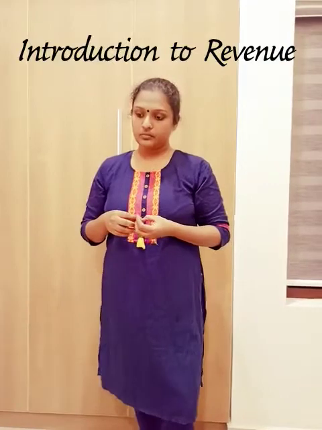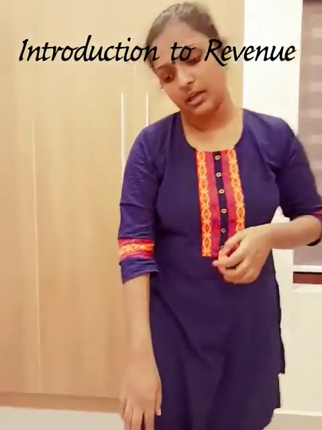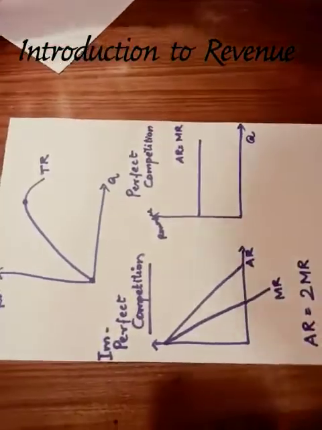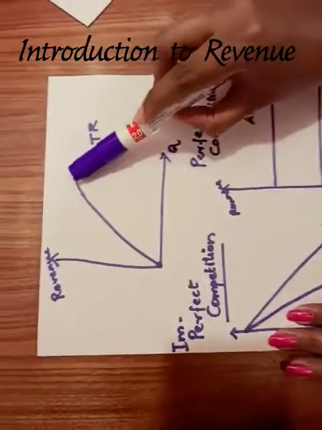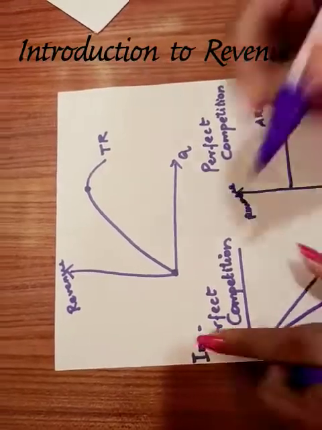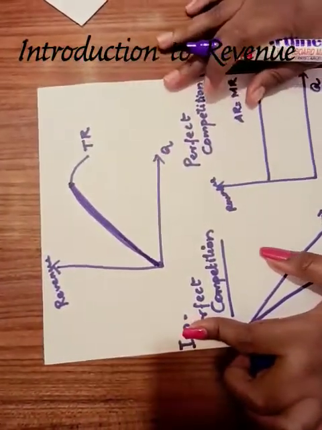Then comes the TR curve. This is actually the TR curve, that is, total revenue. Total revenue increases, reaches maximum, and starts diminishing. But for the sake of convenience, we take only the increasing part.